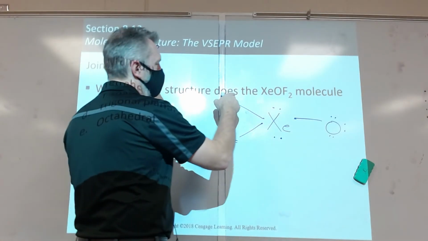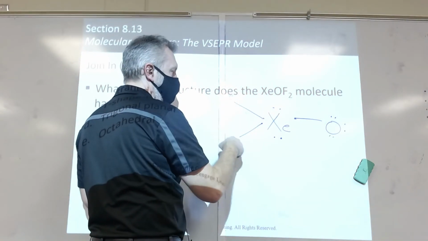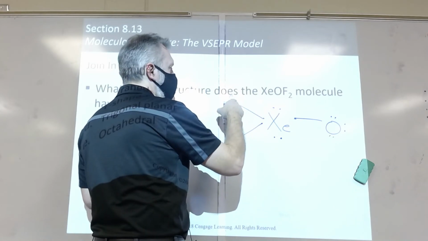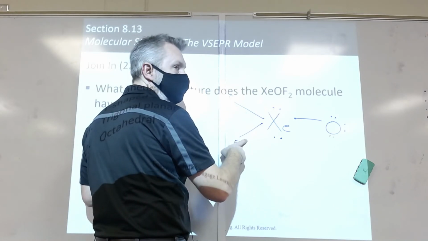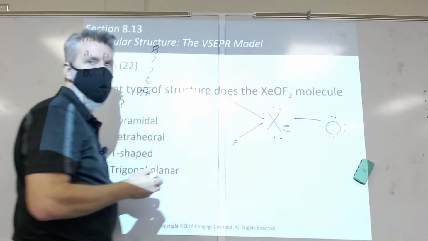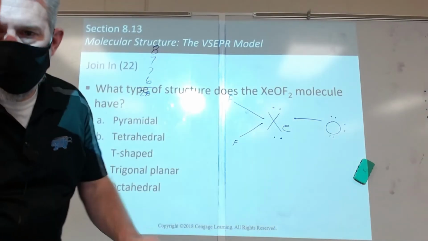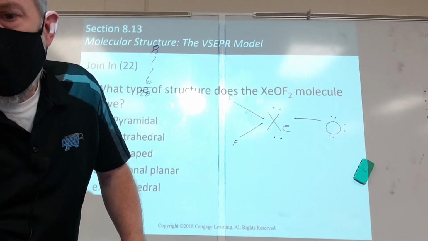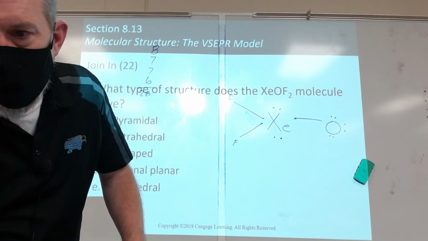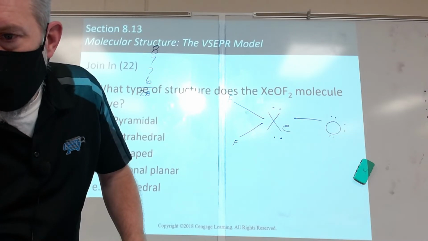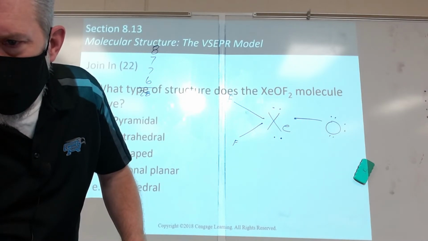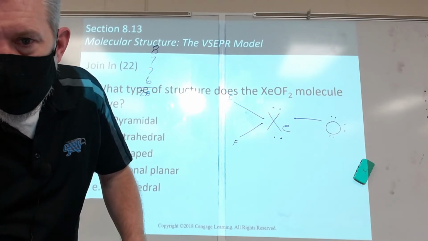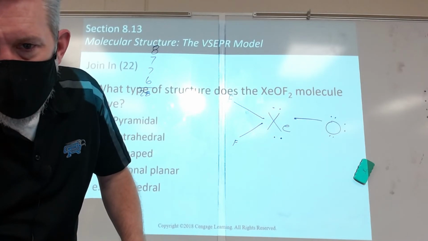And so there's 7, 7, 8. But why wouldn't you double bond oxygen? I think you want to check the formal charge. Let's look here.